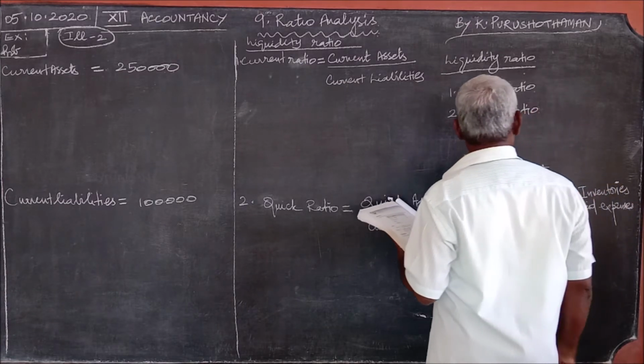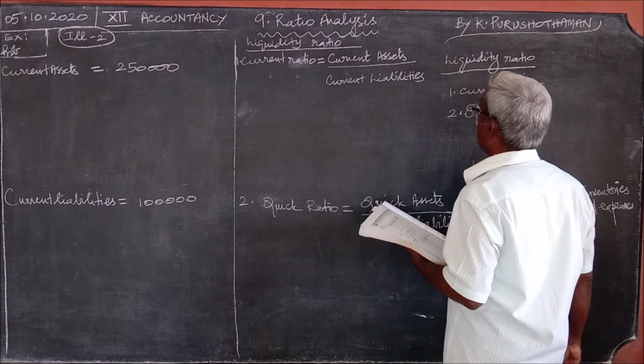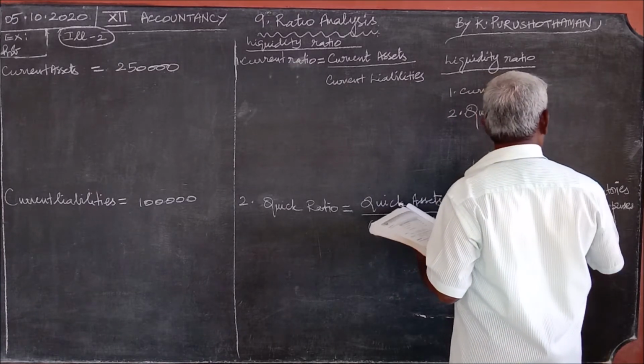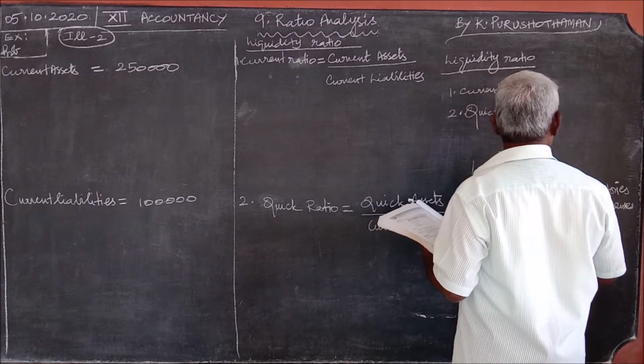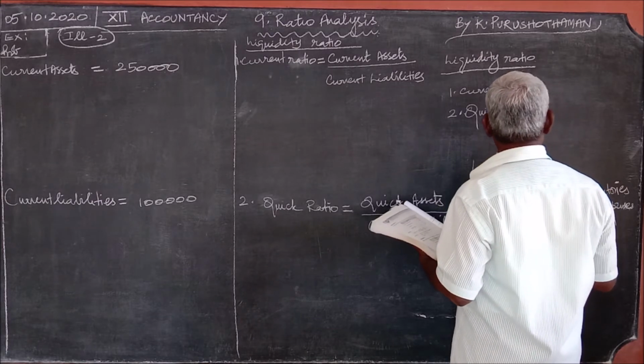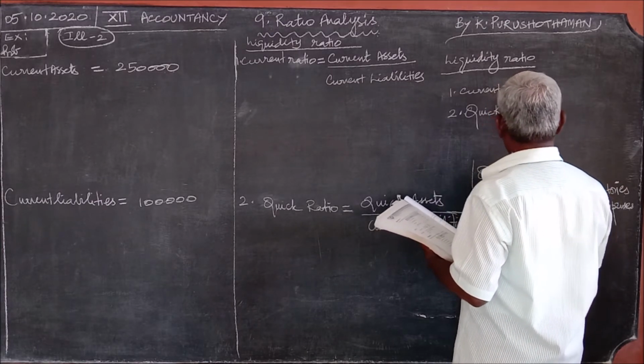So what does it mean? From the total current assets, if you minus inventories and the prepaid expenses, the balance amount is the quick assets.